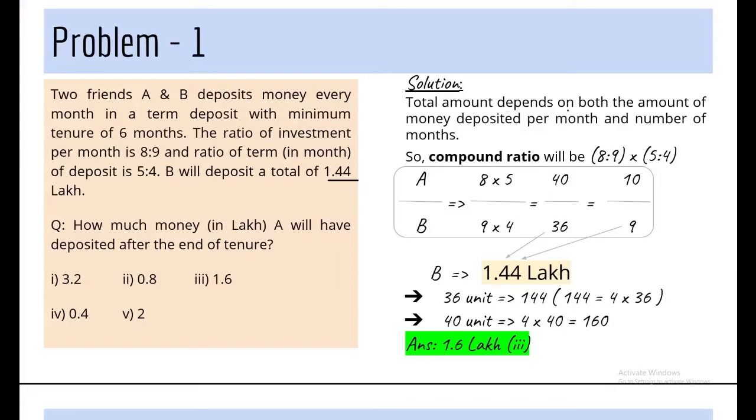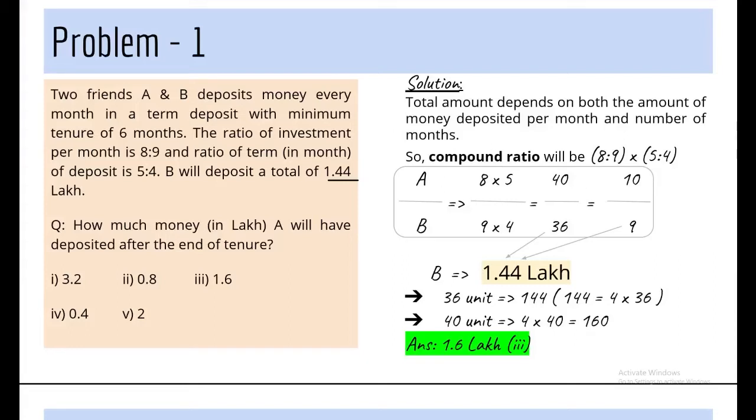The total amount depends on both the amount of money deposited per month and the number of months. This is natural, right? How much money you get after the tenure depends on how many installments you have given and how much money you have deposited in each installment. So the product gives the total amount of money deposited.